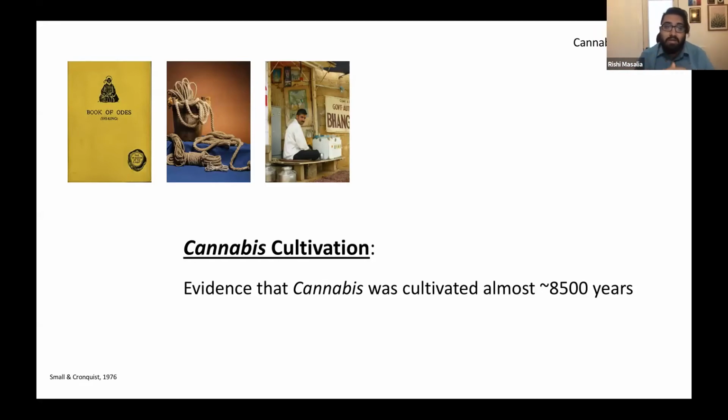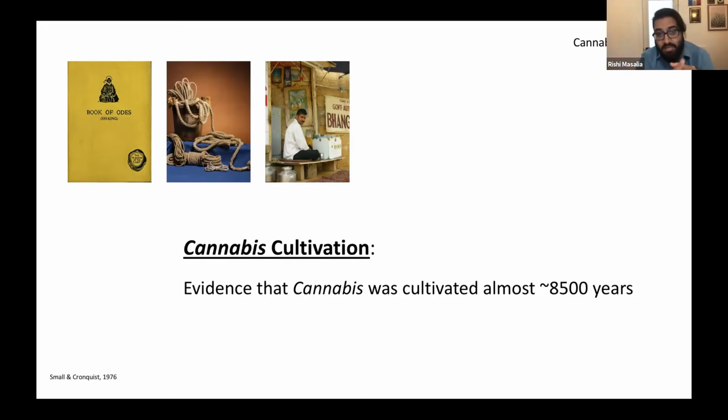Some anecdotes about this. One of the oldest records of cannabis cultivation is found in the Book of Odes, a Chinese book of poetry dated almost 3,000 years ago. There's a specific passage in Chinese that talks about growing hemp, or cannabis, specifically for fiber and rope.